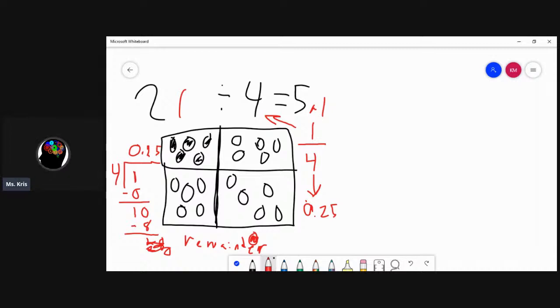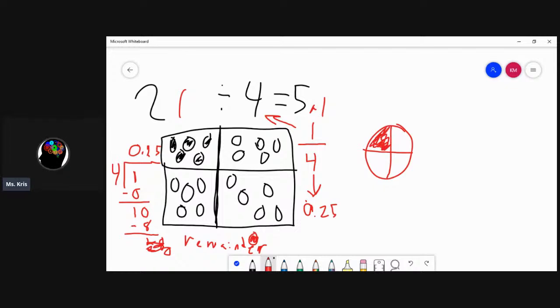So now your answer is not only 5 remainder of 1 or 5 and 1/4. Now it is 5.25. Now you can also keep in mind that 1/4 means, say for instance, I have a cookie and I split it into 4 pieces, and I eat one piece.